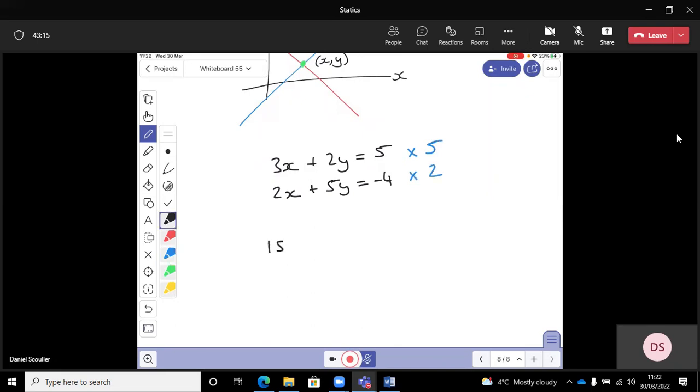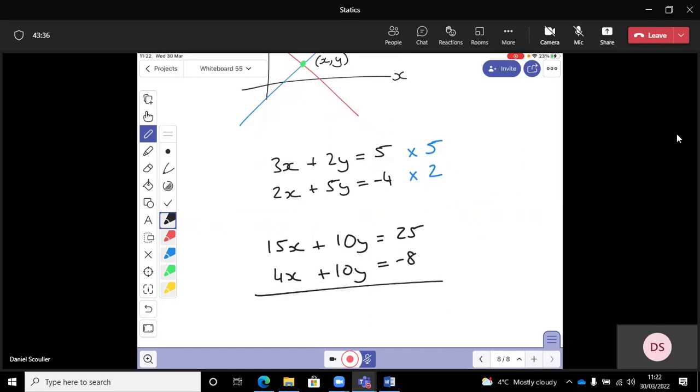That's going to give us 15x plus 10y equals 25. Remember, you need to multiply every single term. And the bottom would be 4x plus 10y equals negative 8.